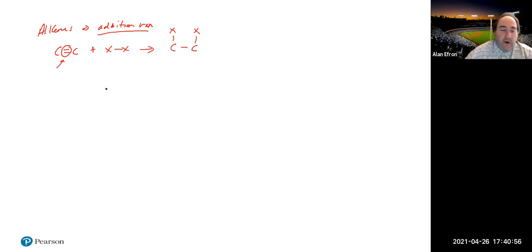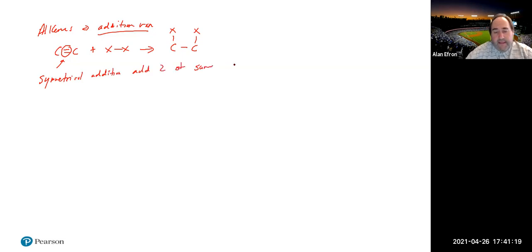And that's how pretty much all addition reactions occur, regardless if there's a lot more carbons on each side. It's always just the carbon-carbon double bond as to where that occurs. There's what is referred to as symmetrical addition, and symmetrical addition is when we add two of the same thing.